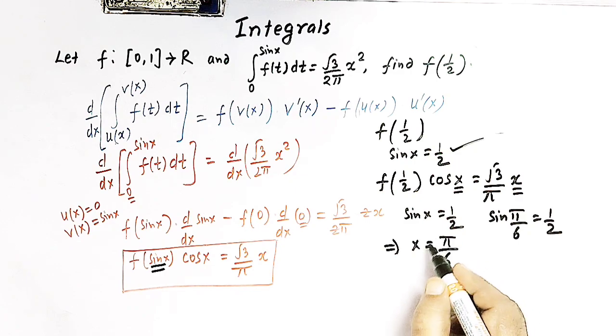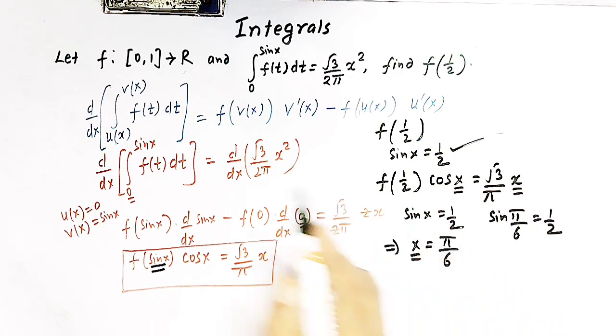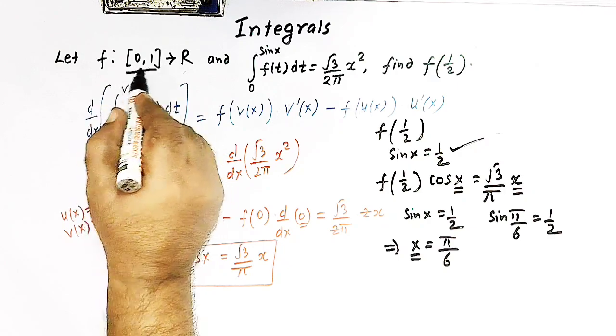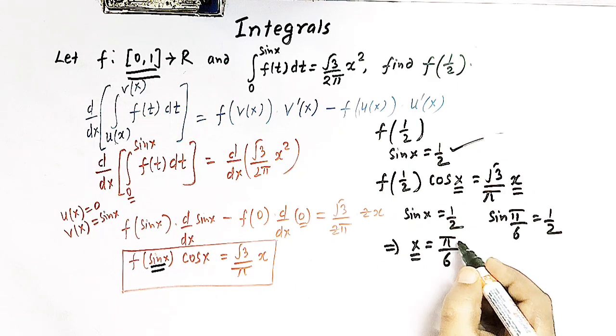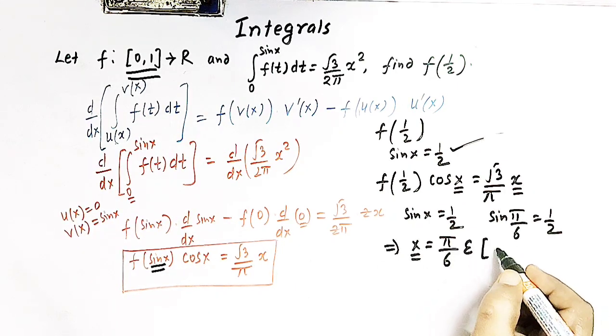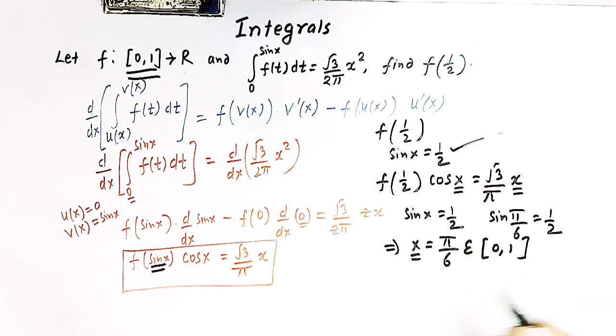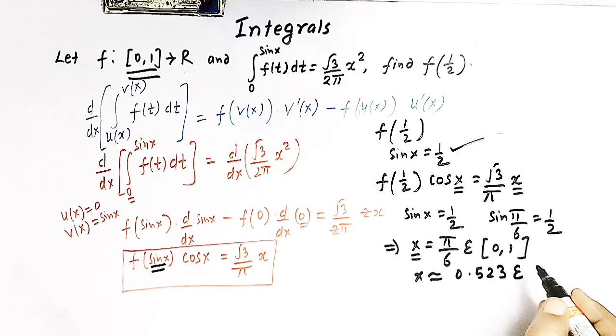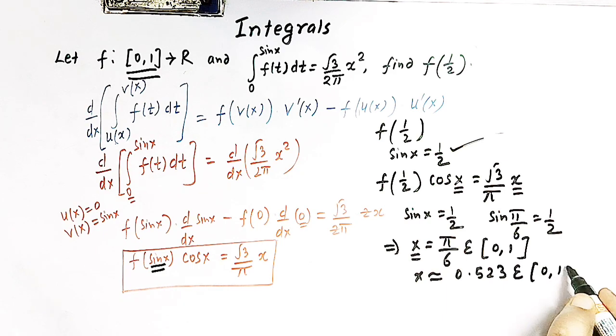And we can see that this x, which is equal to pi by 6, belongs to this interval, right? So pi by 6 belongs to the interval 0 comma 1. And if we find out the value of pi by 6, then it is approximately equal to 0.523, and 0.523 belongs to this interval, right?